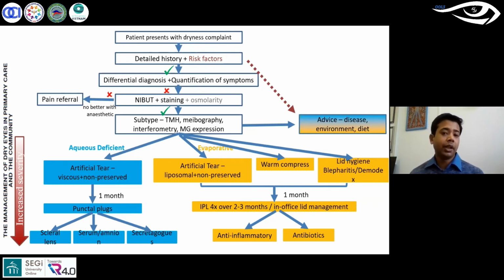And perhaps at this point, if the patient is a pre-dry eye patient, you should be able to foresee if the patient will land up having dry eye in future. Then you start the advice on disease, environment, and diet, to slow or delay the progression.